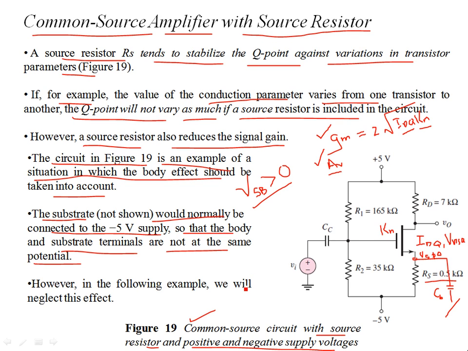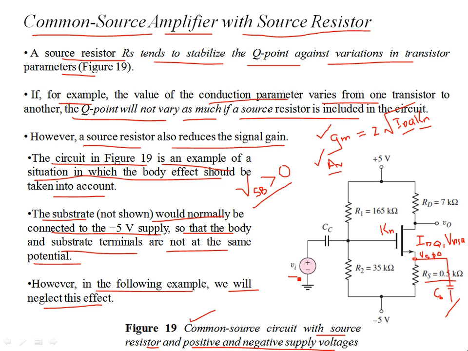To ease the analysis, in the following example that we are going to take, we are going to neglect this effect. So we are going to have just a single voltage controlled source that would be due to the input voltage at the gate terminal, VSG or VGS, multiplied by the transconductance gain to give the output current or the drain current.